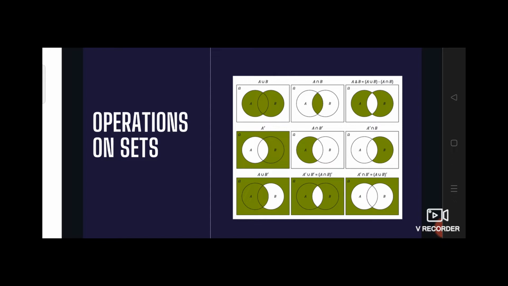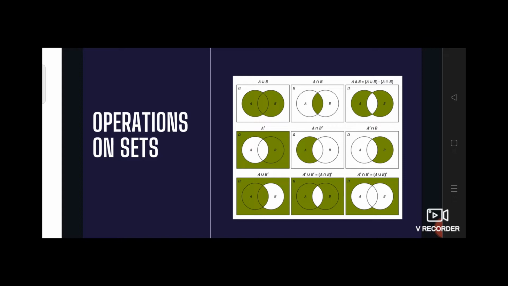So this is A complement, which is the collection of all the elements except elements of A. And now, using these operations, we can work to get A intersection B complement, which is this particular shaded area, and then A complement intersection B, which is this particular area, and then A union B complement, which is this shaded region, and then A complement union B complement, which is nothing but A intersection B whole complement, and then A complement intersection B complement, which is A union B whole complement.